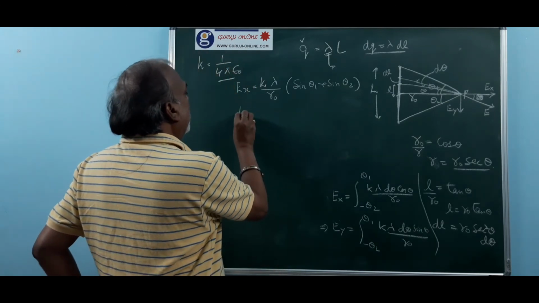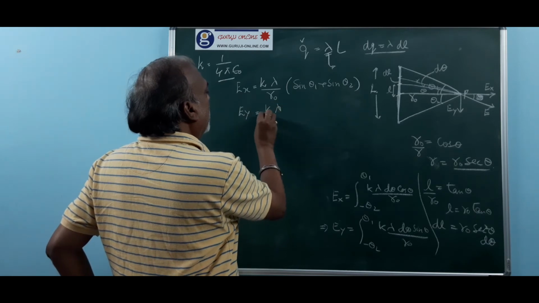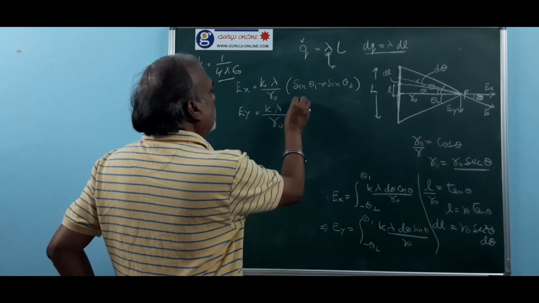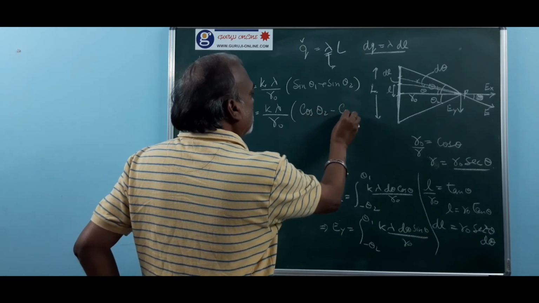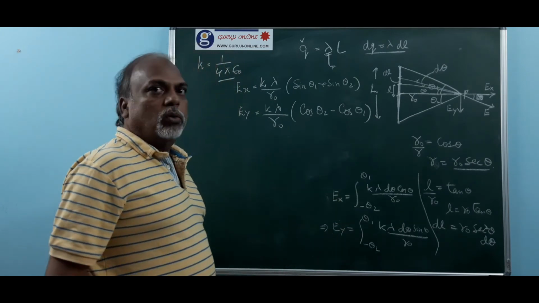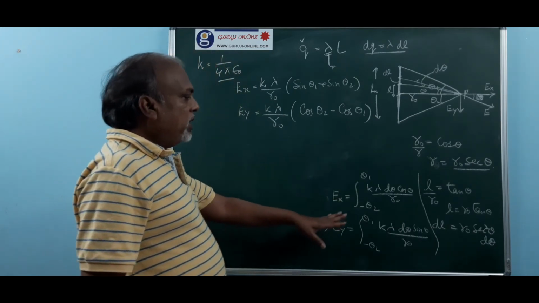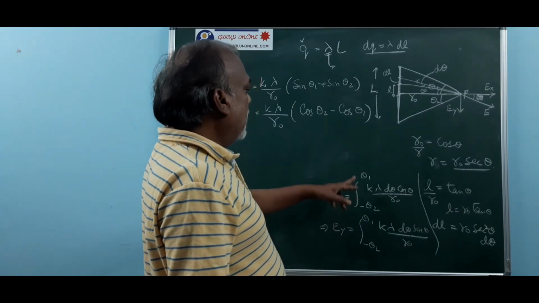And Ey is K lambda upon R0 times cos theta 2 minus cos theta 1. This you can do, it is a very simple integration. Cos theta will be sin theta and just put the values.